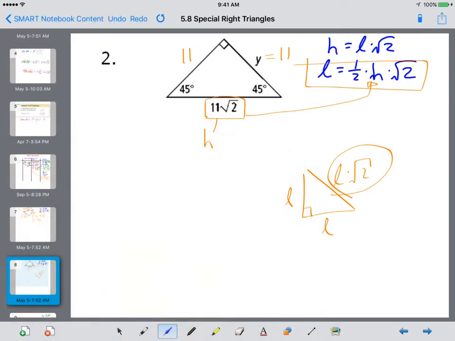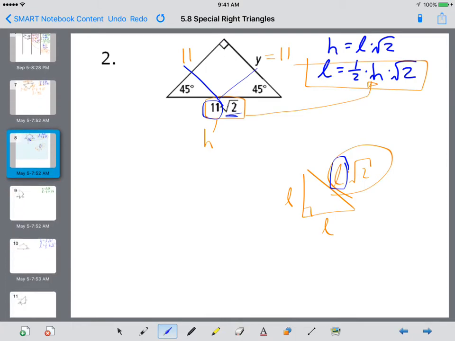Notice how our answer for the leg was 11. If our hypotenuse has the square root of 2 here, then each leg is going to be equal to whatever number's out front. So notice how 11 ended up matching both of those sides. That's a little trick. It can be confusing. It takes a little bit of practice to kind of get used to the idea.